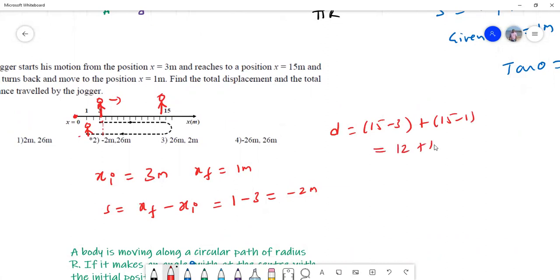Nothing but 12 plus 14, which is 26 meters. So we can count 3 to 15 means 12 meters, then again from here 12 meters, then 2 meters. Total 26 meters. So displacement is minus 2 meters, distance is 26 meters. The answer is the second option.